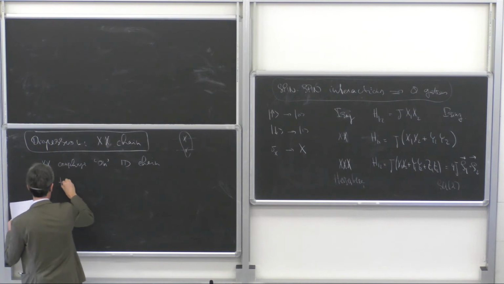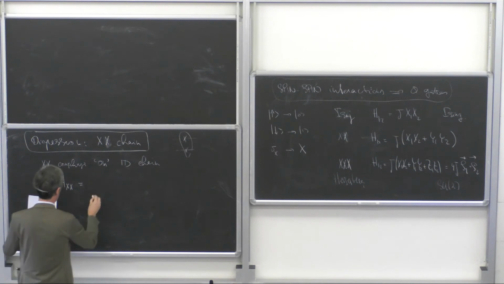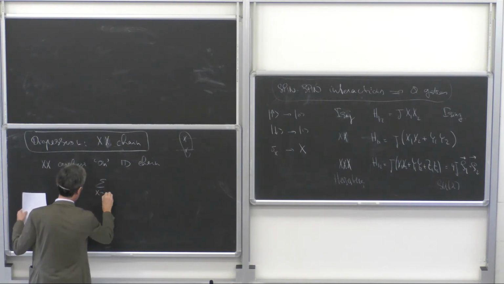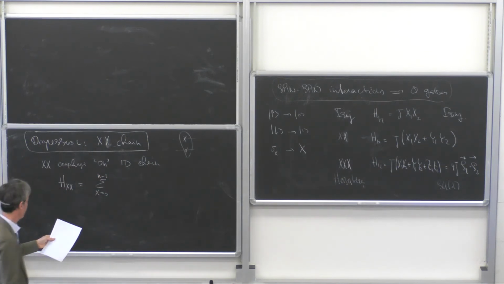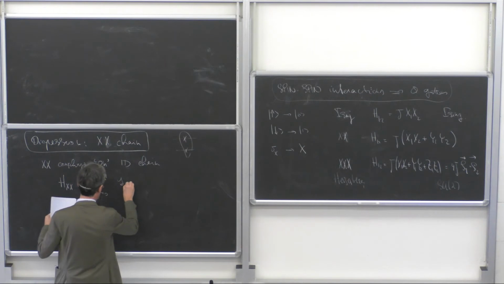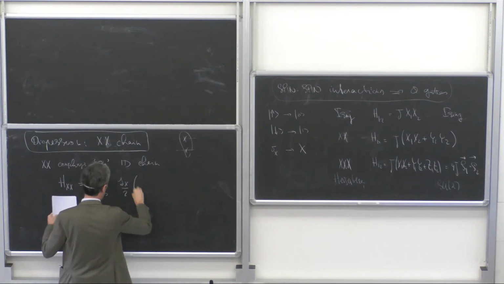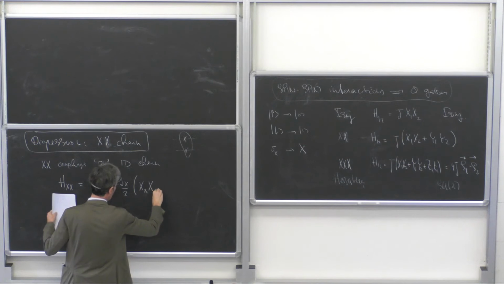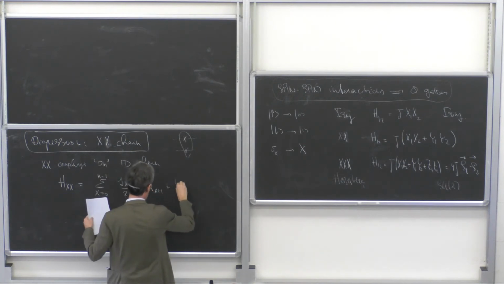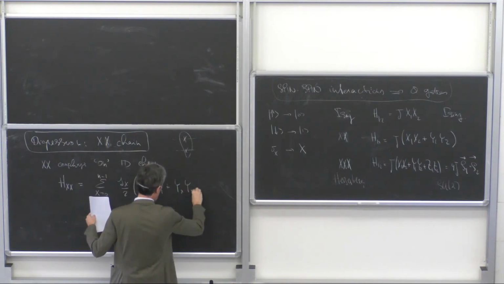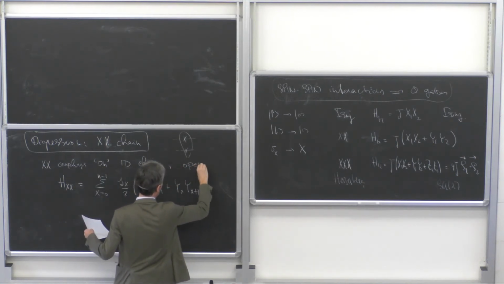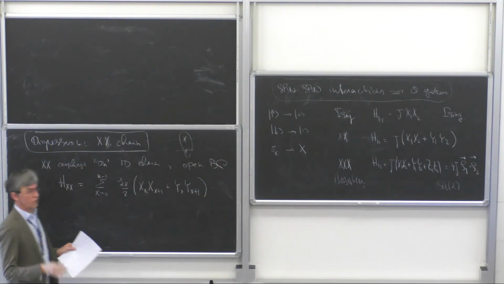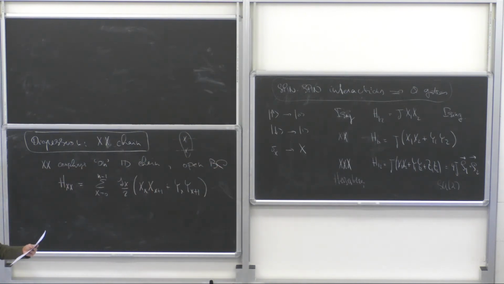So that gives me H, let me call it H_XX, my Hamiltonian, a big sum. Let's say x equals 0 to n minus 1, a coupling J_x over 2. Now I have X_x couples to X_{x+1}, and Y_x couples to Y_{x+1}. And let's imagine we do open boundary conditions. So the chain has a beginning and an end, and it doesn't loop around.